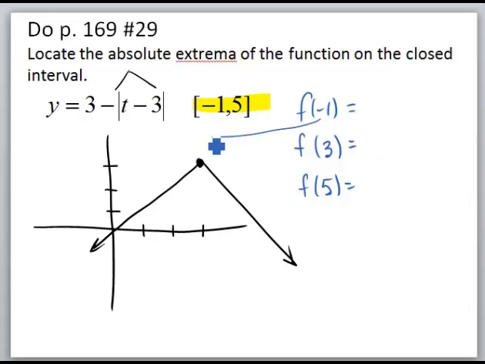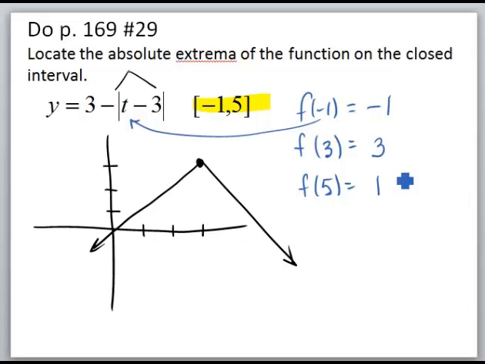When you plug in -1 here, we get -1 minus 3, which would be -4. Absolute value of -4 is 4, so 3 minus 4 is -1. When I plug in 3, 3 minus 3 is 0, 3 minus 0 is still 3, and I plug in 5, 5 minus 3 is 2, 3 minus 2 is 1.